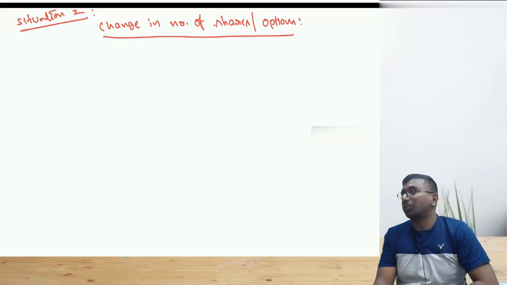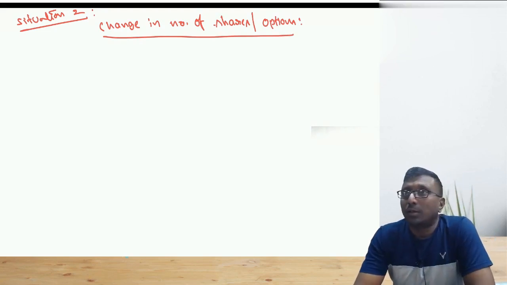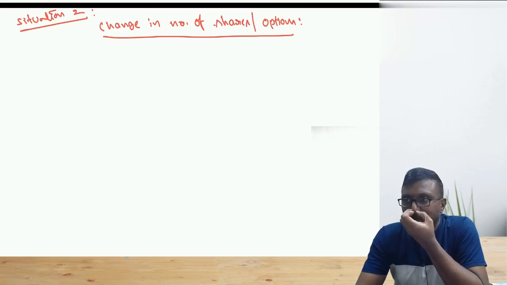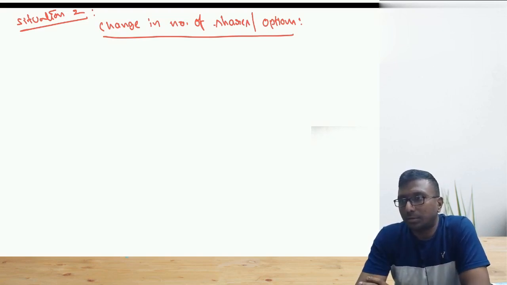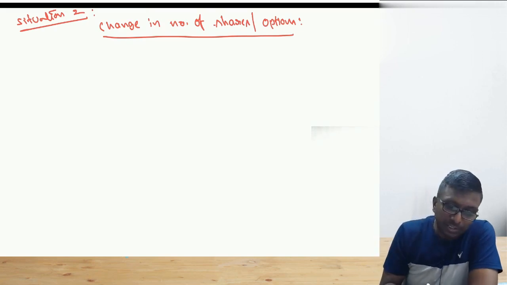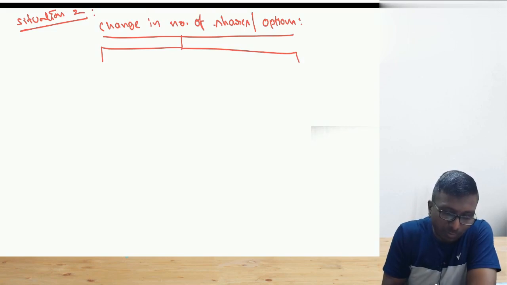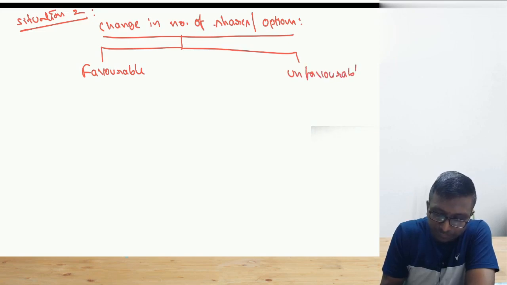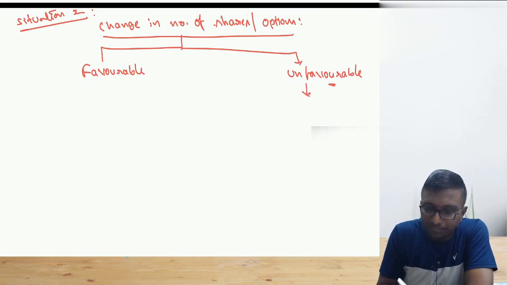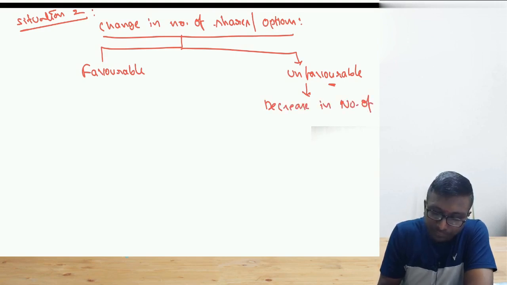Change in number of shares means obviously there is favorable and unfavorable. Unfavorable means obviously a decrease in the number of shares.